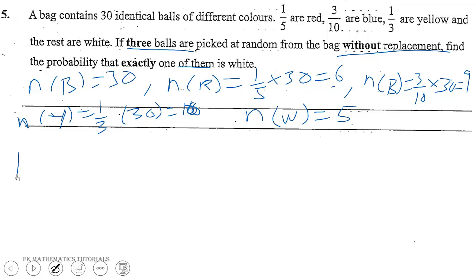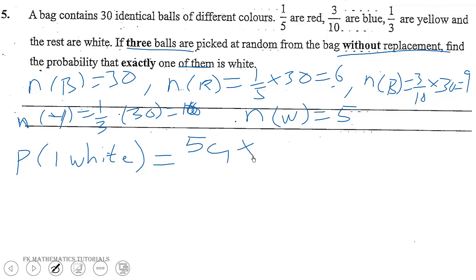So the probability of selecting exactly one white ball when 3 balls are picked from 30 is, we have the possibility that we pick one white out of the 5 white, so we have 5 combination 1, one way of doing that.